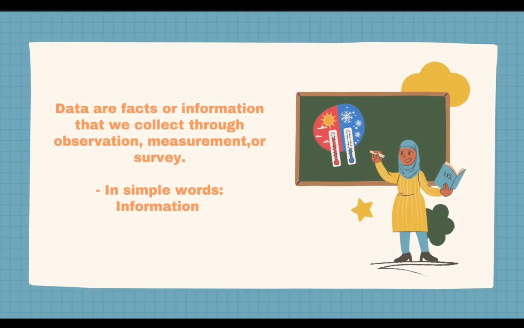Okay, so first, let's define data. Data are facts or information that we collect through observation, what we see, measurement, what we measure, and surveys, what we ask people. So in simple words, data means information. We use data every day even without noticing it.